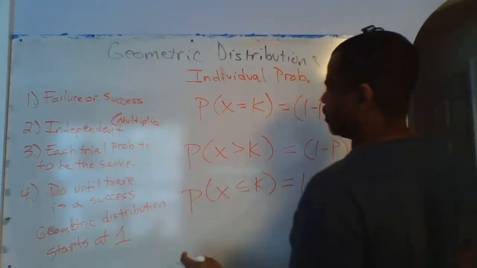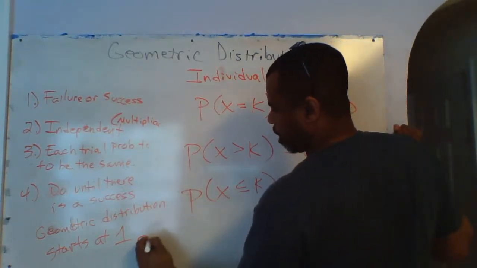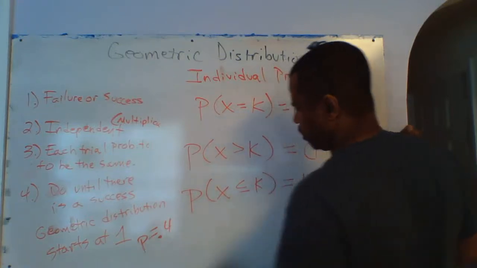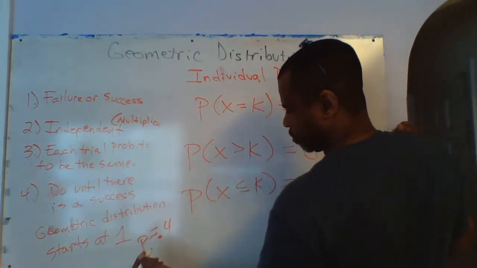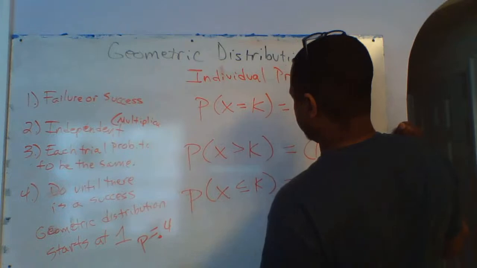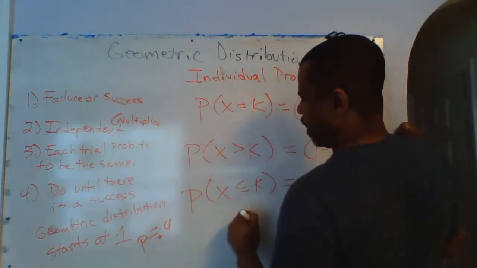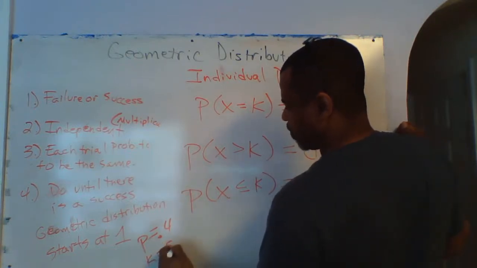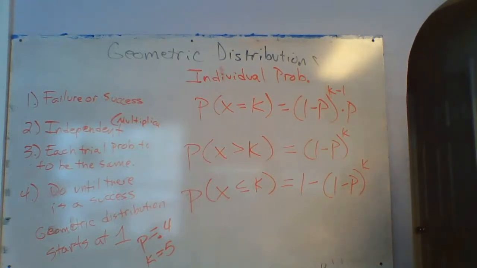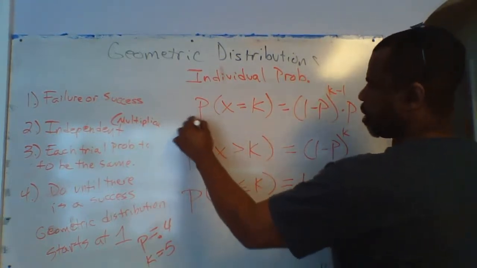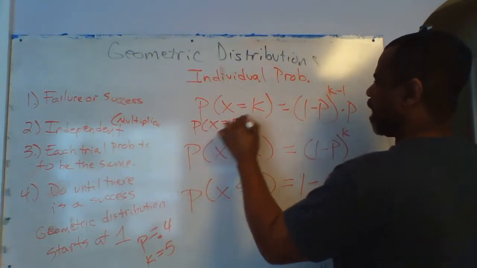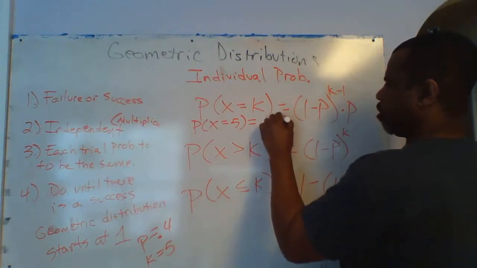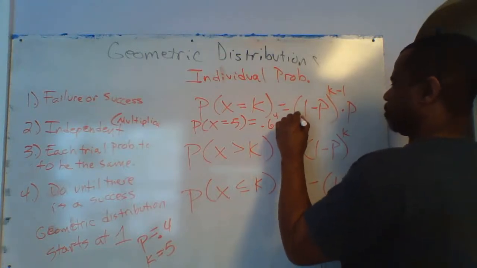So if you want to check that, let's say the probability is equal to 0.4, and let's look for the probability that K is equal to 5 individually. So the probability that X is equal to 5 gives us 0.6 raised to the 4th times 0.4.